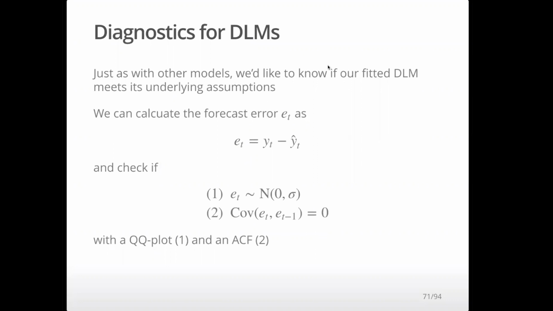Okay, just with any other models that we've been talking about, we should have a pretty good understanding that our fitted model meets the underlying assumptions, right? So in a linear regression context, we often think of things like IID errors, independent, identically distributed. Well, it's pretty easy to calculate forecast errors because you know what your forecast was and you know what the data was, and the difference in those two is your forecast error.